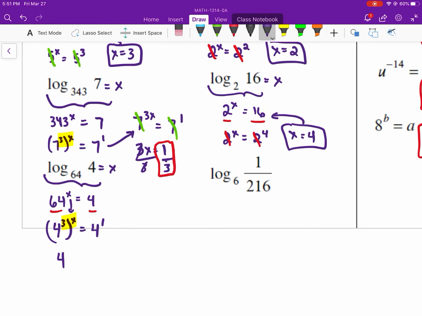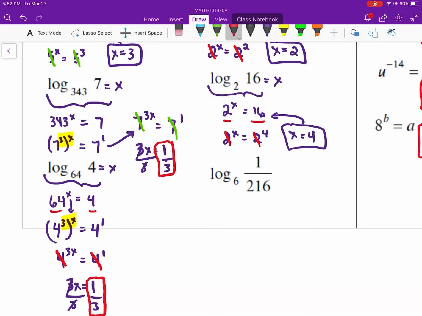Alright, so we need to do something with that 3 and that x first. Okay, so that's 3 times x, so that'd be 3x equals 4 to the first. Let's cross out those 4's because they are equal now. 3x equals 1. Divide both sides by 3.